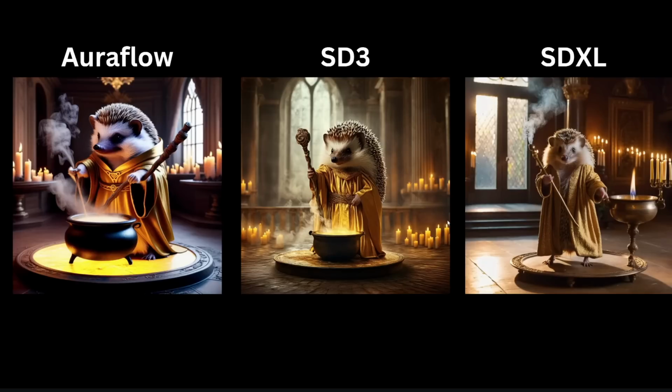And here's a side-by-side comparison. So you can see in terms of realism, again, Stable Diffusion 3 and XL look a lot more realistic than AuraFlow. I mean, this looks like a real hedgehog. In terms of prompt following, I would give the points to both AuraFlow and SD3. Both of these hedgehogs are holding a stick and stirring this cauldron, whereas SDXL was not able to generate that.